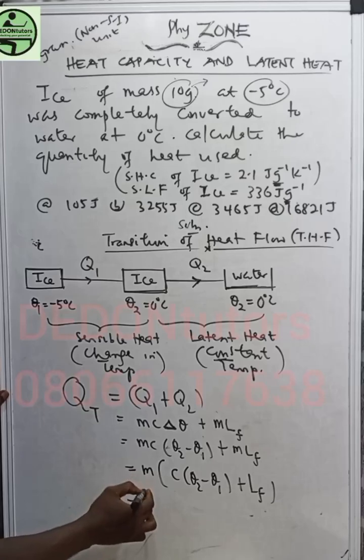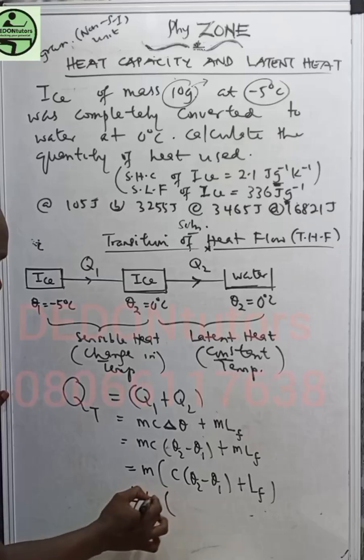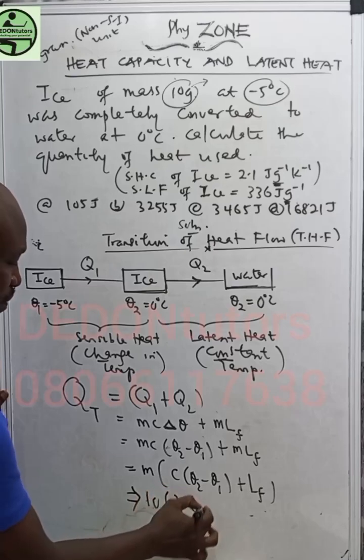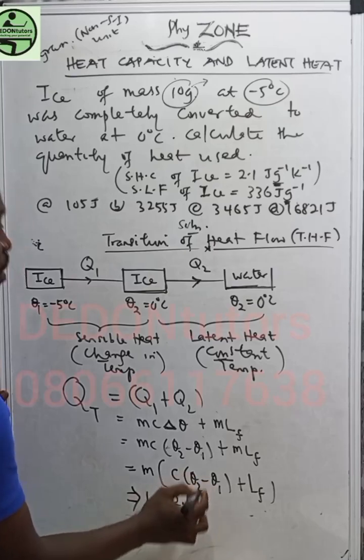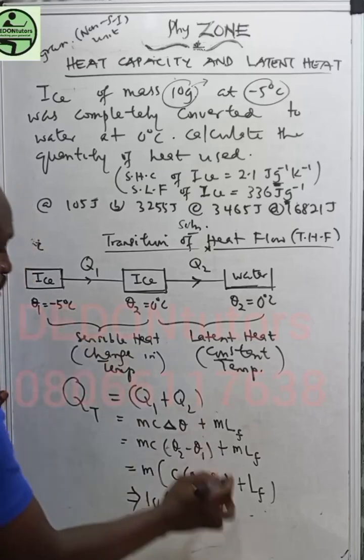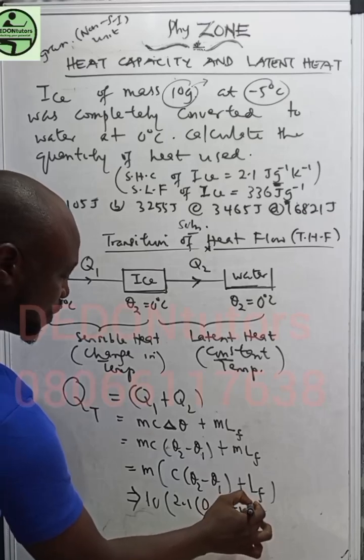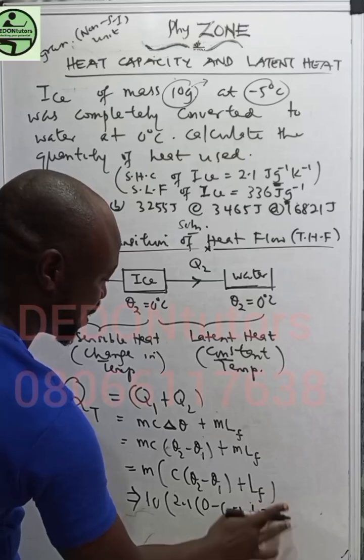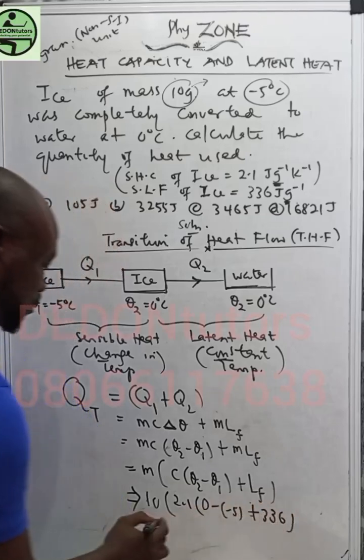So here you have 10. Follow me now. Our specific heat capacity of ice is 2.1. The final temperature is 0, our initial temperature is minus 5, plus the latent heat, which is 336, as easy as ABC.